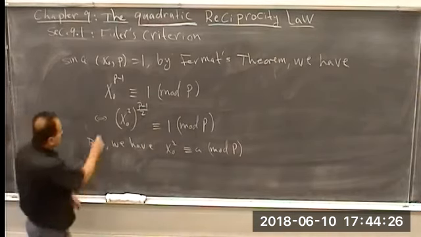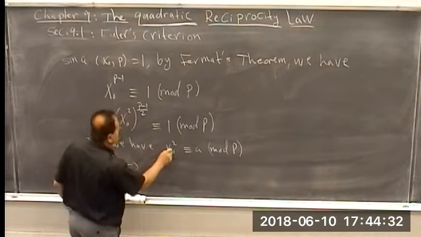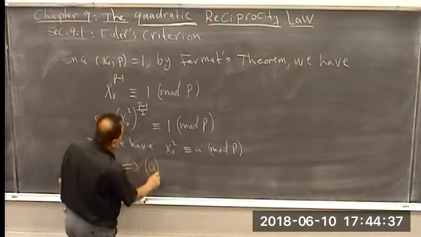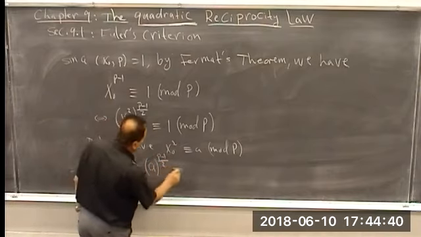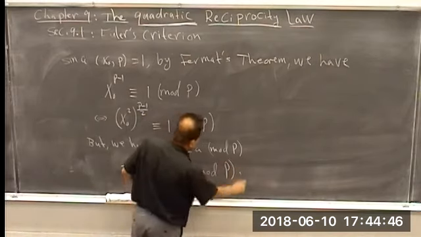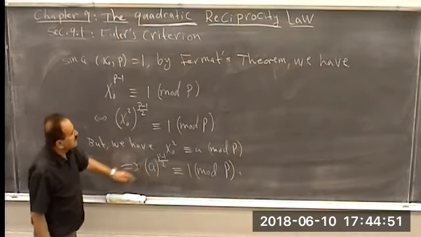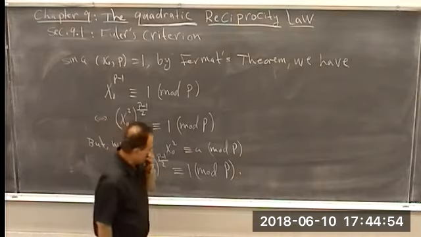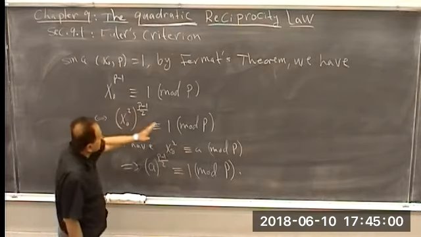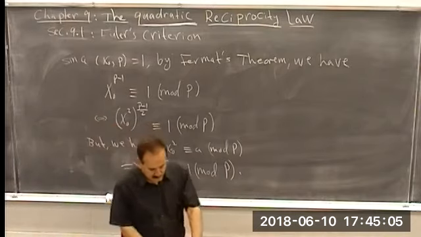So this implies, replacing the x sub 0 squared by A, that A to the power of P minus 1 over 2 is congruent to 1 mod P. And this is actually what Euler's criterion is stating. All right?